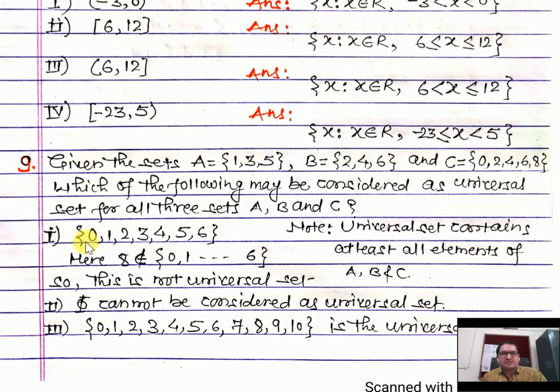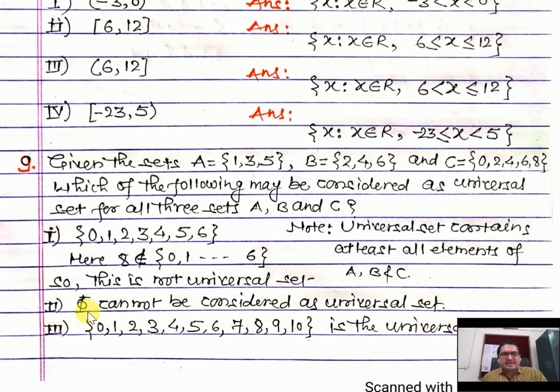The first set given is {0, 1, 2, 3, 4, 5, 6}. Okay, but one element, 8, does not belong to this. So this is not a universal set. Universal set means it contains at least all elements of A, B and C. At least means all the elements of A, B and C should be there in it. So this is not a universal set.